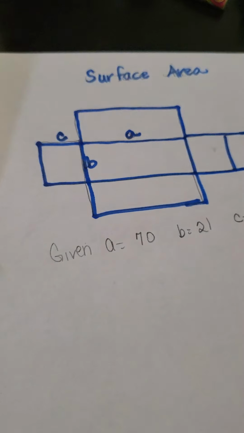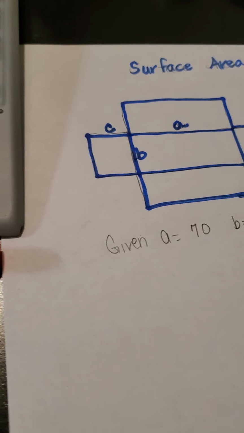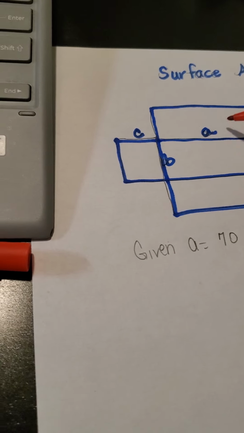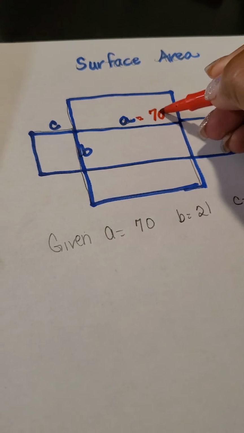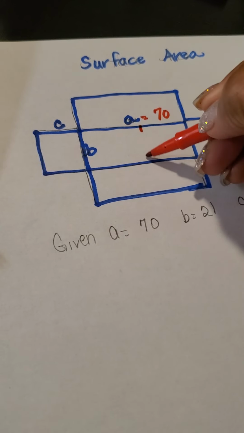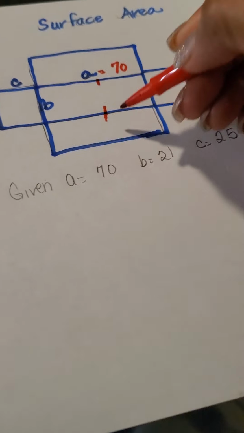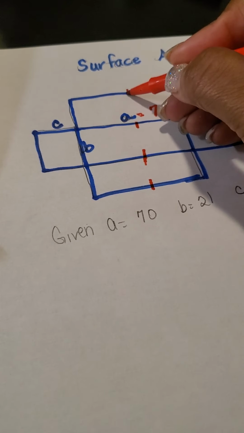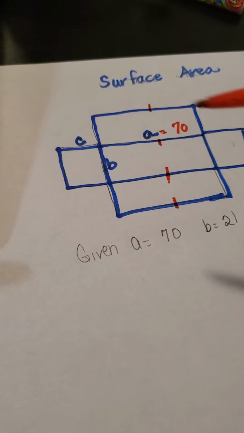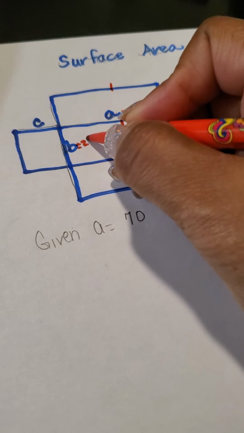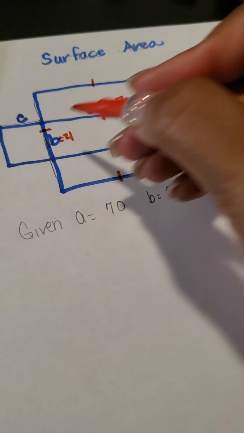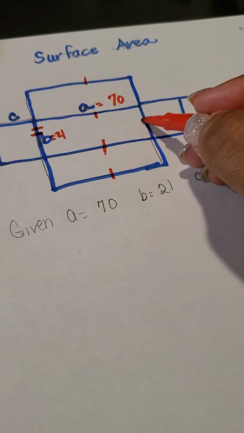So when we talked about vertices and sides, we know that if A is 70, then that means all of these are 70. Okay, and if B is equal to 21, then that means this is 21, and I'm going to use 2 ties here.